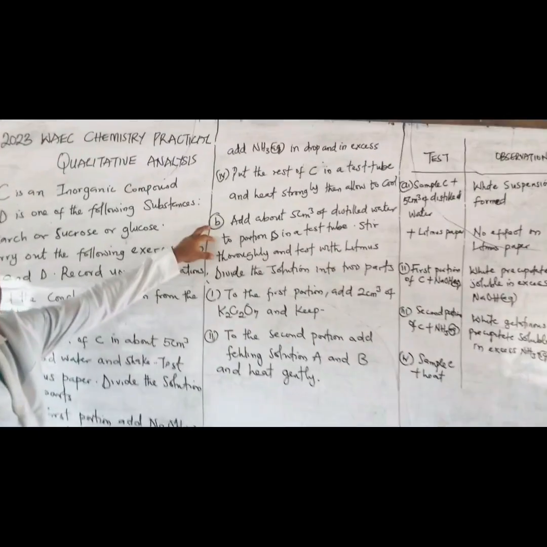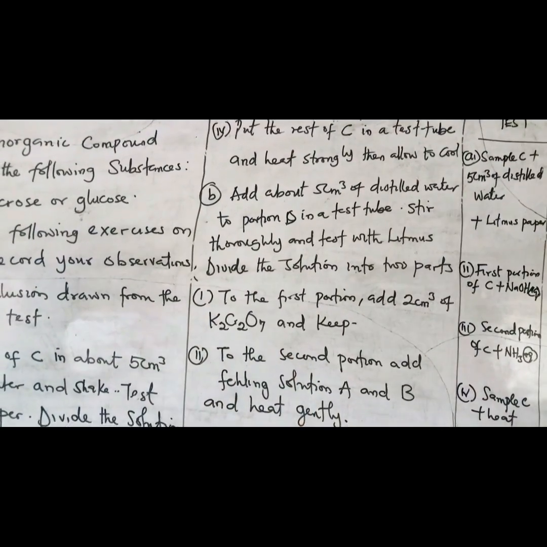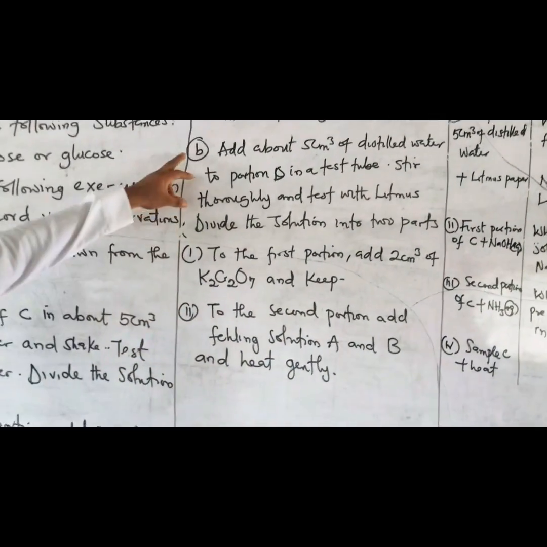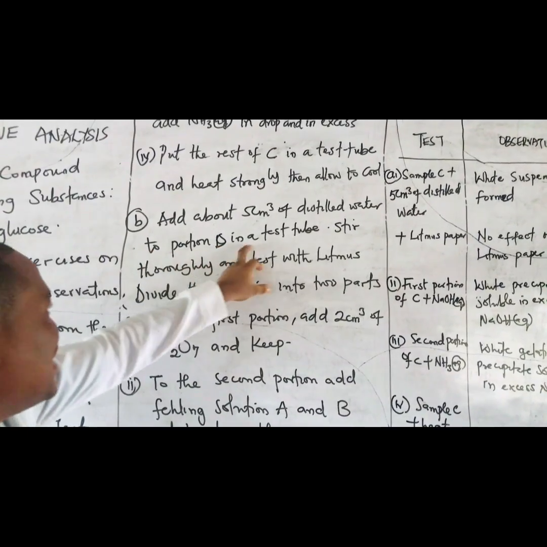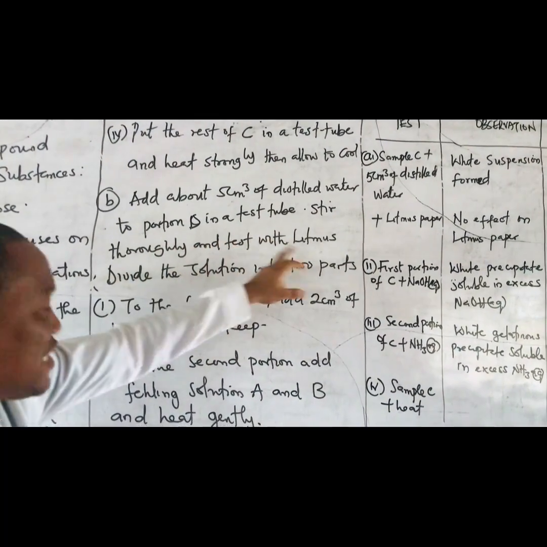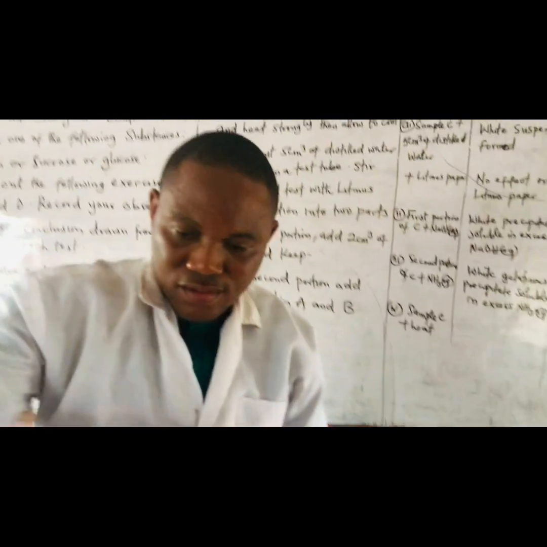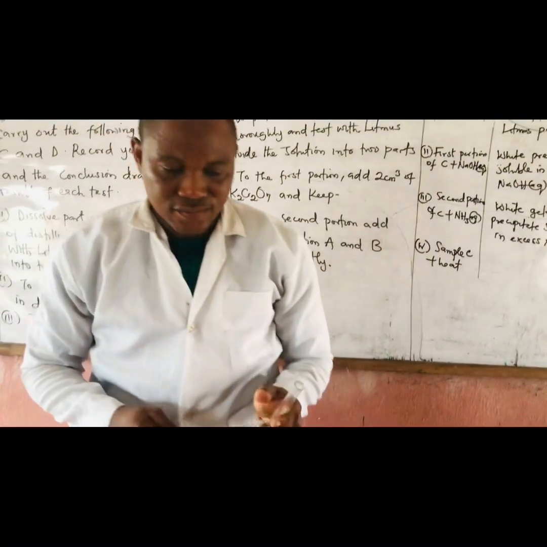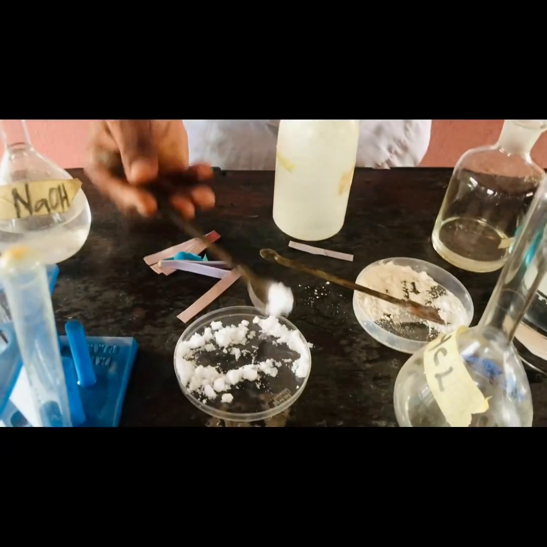Then the next one now. Let's move to the next one very quickly. Let's have a confirmation. Then they said add about 5 cm cube of distilled water to portion D in a test tube. Stir thoroughly and test with litmus. So let me use another test tube. This is the specimen given.